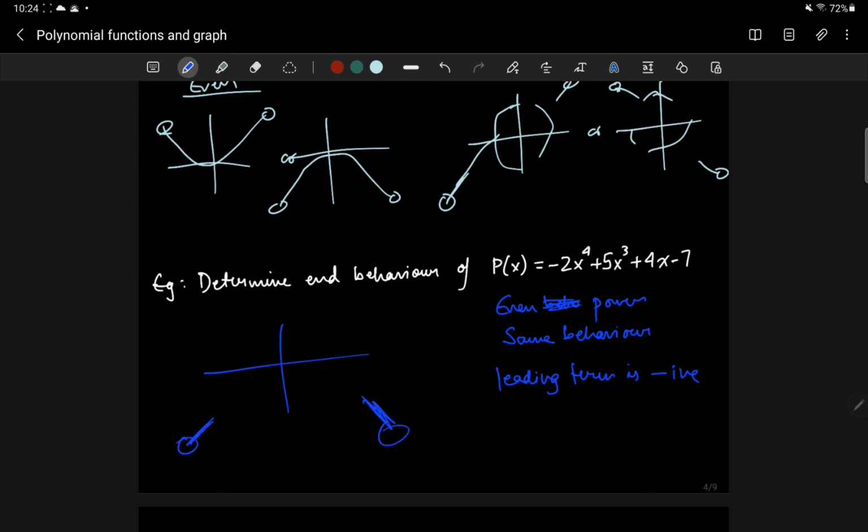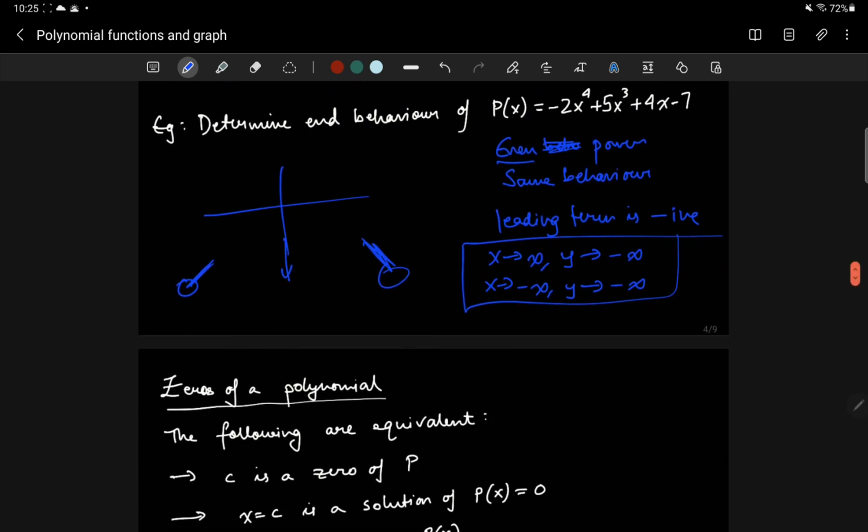Because it's even, both positive and negative are going to have the same behavior, and because the leading term is negative, it all goes down. So how we write this is, we say that as x goes to infinity, y goes to negative infinity, and as x goes to negative infinity, y goes to negative infinity, because down here is negative infinity. So that would be the end behavior.